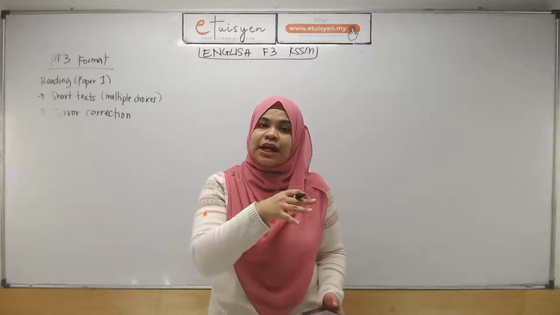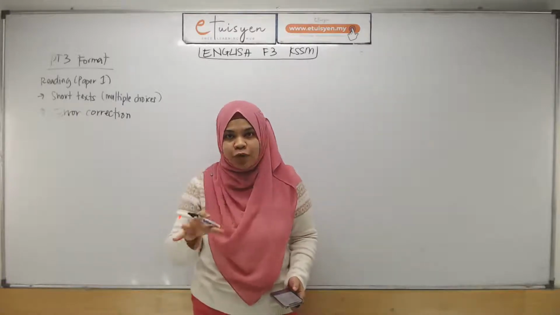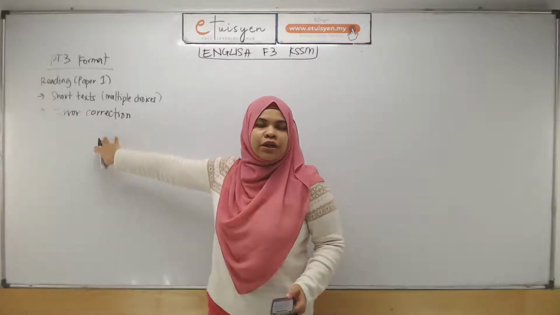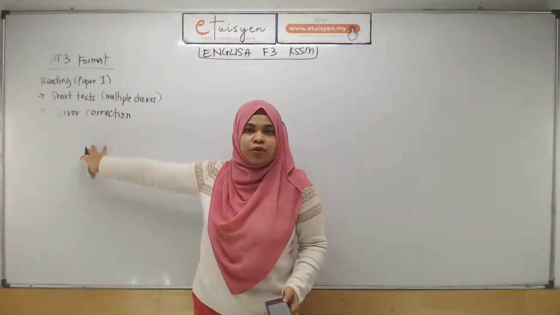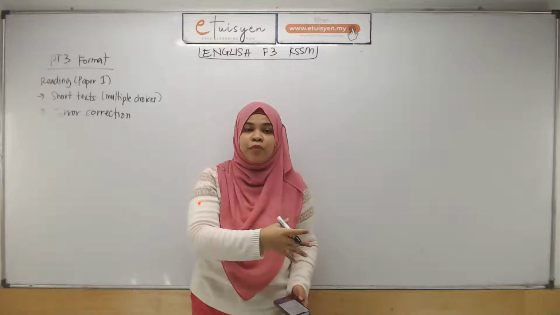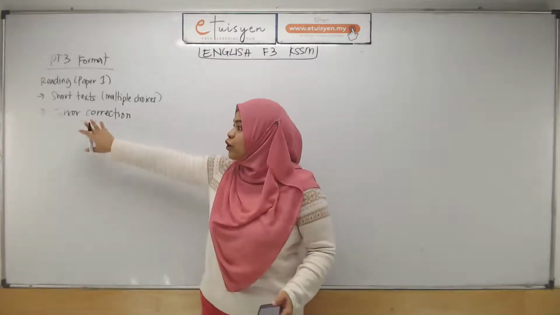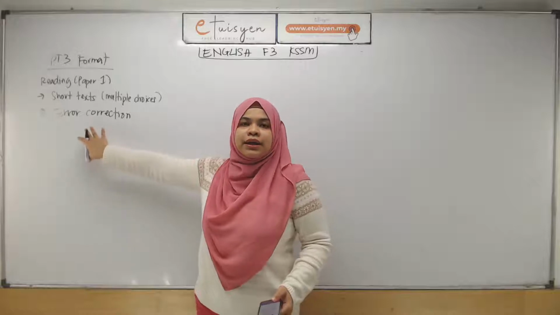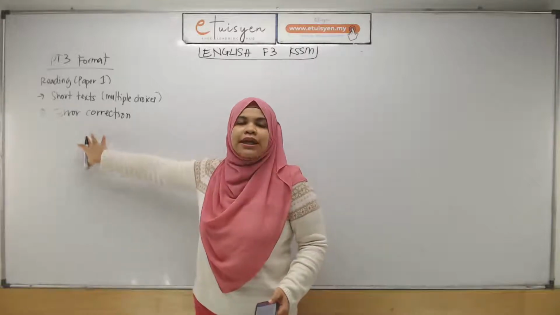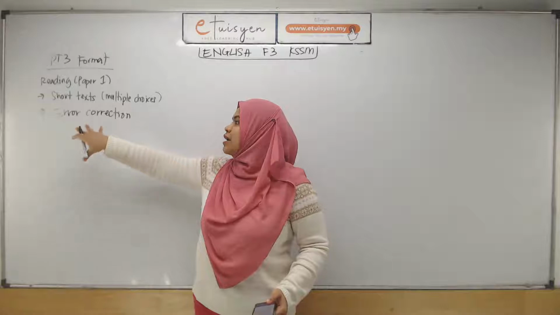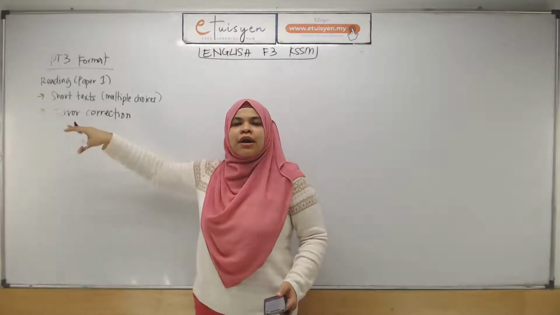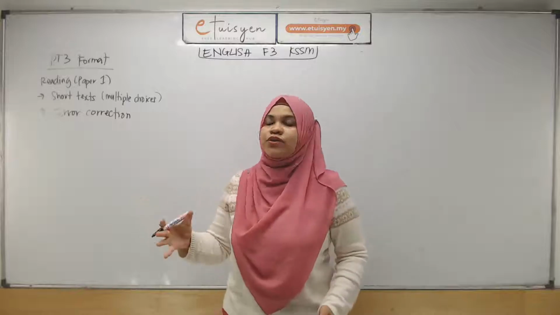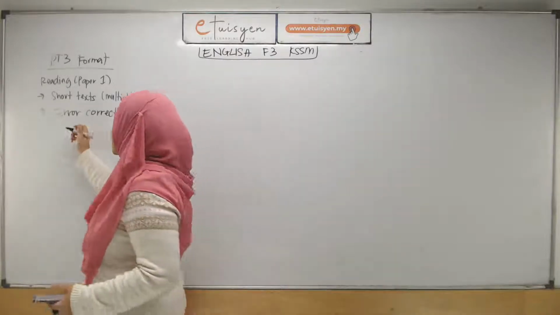So yang ni saya dah ajar korang all the grammars and all the formulas semua tu kan. So this is where you use it. The rules that I have taught you before, and then apa yang korang dah belajar from Form 1 and Form 2 as well, you will use it here. You need to correct the words in the text to see grammar dia betul tak ataupun the word that is being used betul ke tidak. So you need to do that. Okay, so here is the second one.